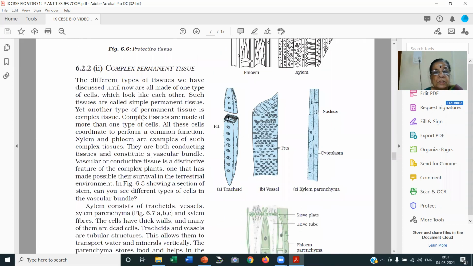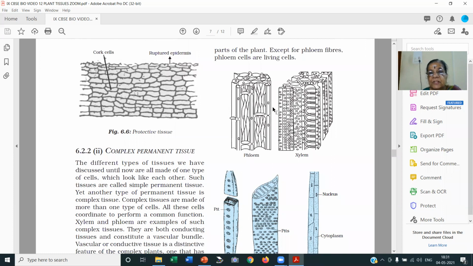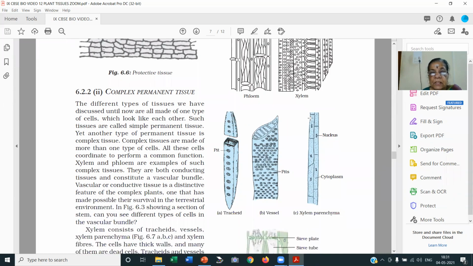Correct? Then about complex permanent tissues, as I said, here xylem has thickenings: annular, spiral, scalariform, pitted, reticulate. Remember, these are the cell wall thickenings. Now here this is trachea. Then vessel, you can read it, and then xylem parenchyma. Now in this trachea, when you cut it, the box-like structure in the middle, looking in, is the pipeline-like structure.